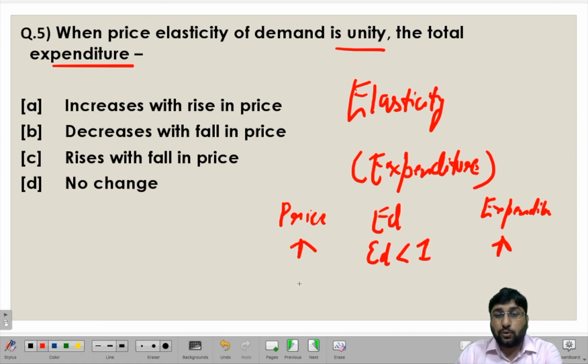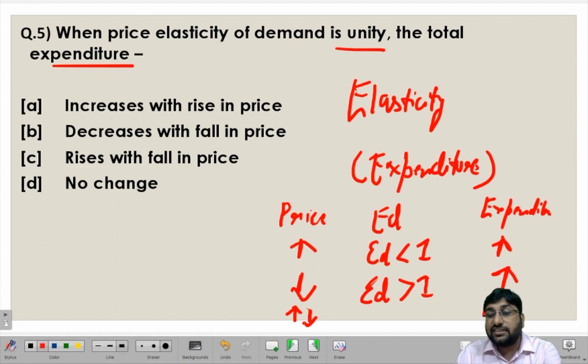If there is a fall in price and the expenditure tends to rise, that means they are moving in the opposite direction, then in that case you can say that the elasticity is greater than 1. And the third is, whatever be the change in price, whether they rise or fall, if there is no change in the expenditure, then the elasticity of demand is said to be 1.